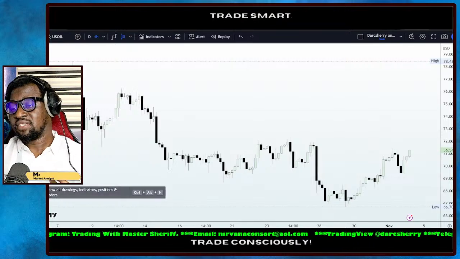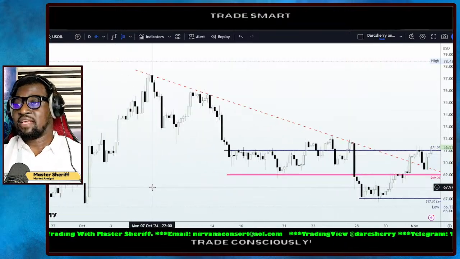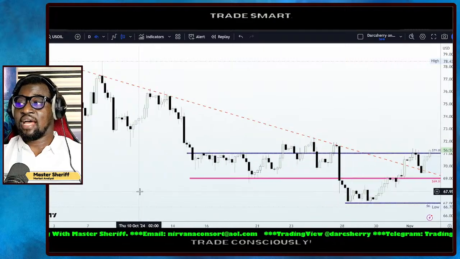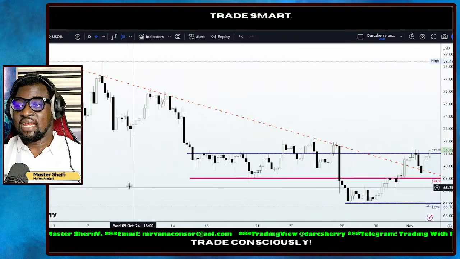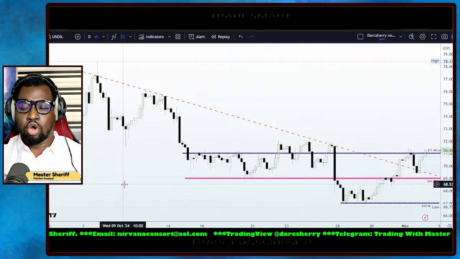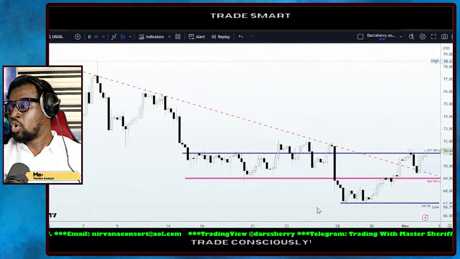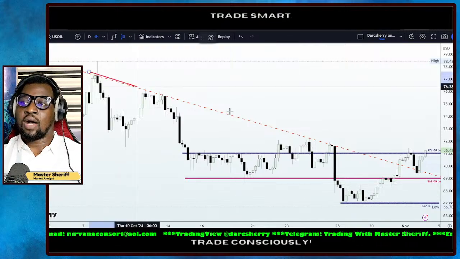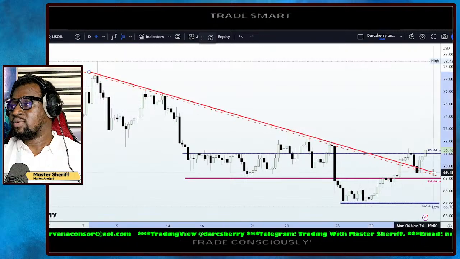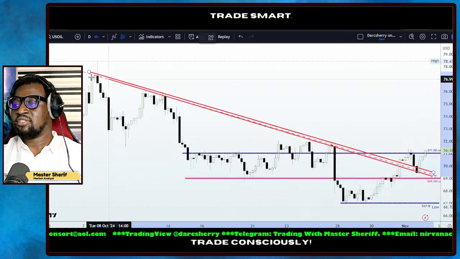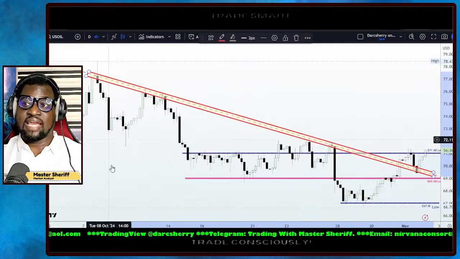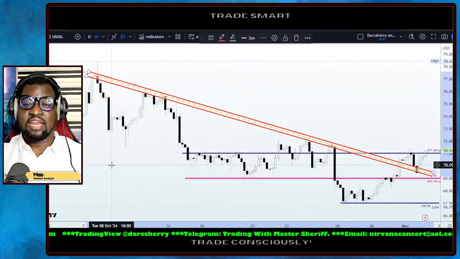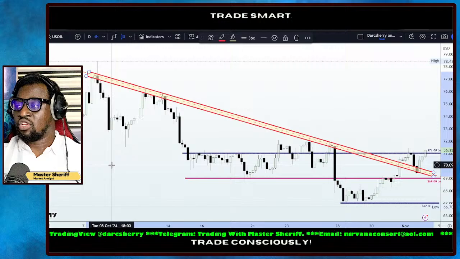And the first thing you would observe here is the fact that price action has been bearish since the beginning of the month of October. And when you connect the series of lower highs here, you will see that we have a beautiful descending trend line that is going to be playing a significant role in guiding our trading decisions for this week.